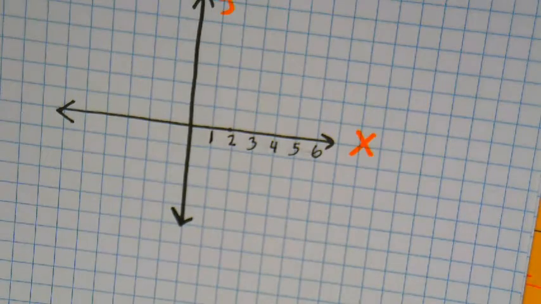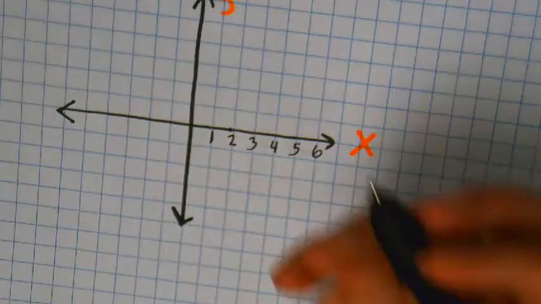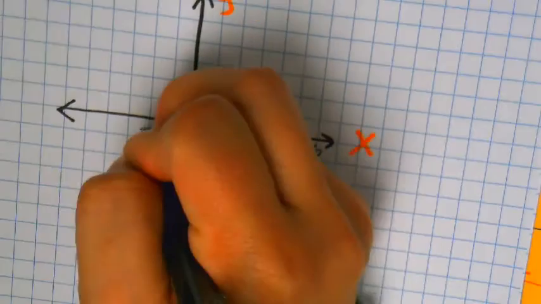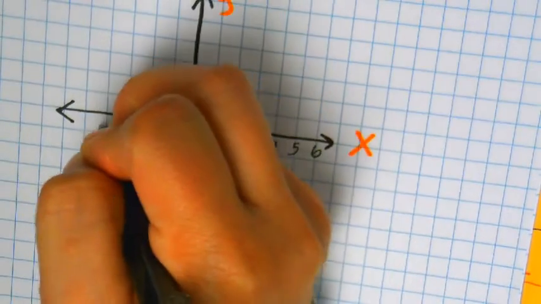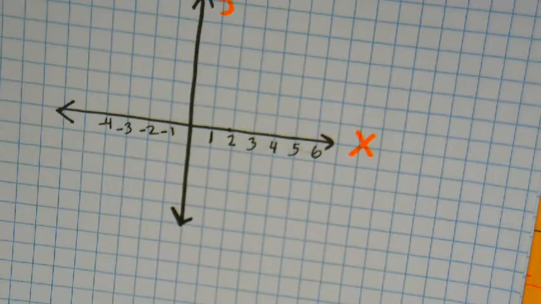On X, if you go to the right, it's a positive number. If you go to the left, they're negative. So it's kind of hard, but just squeeze in your negatives on top of the line to the best of your ability. They kind of end up looking like dashes.